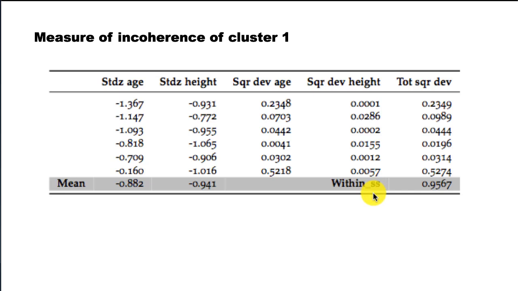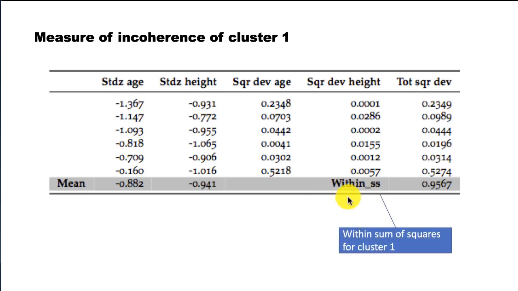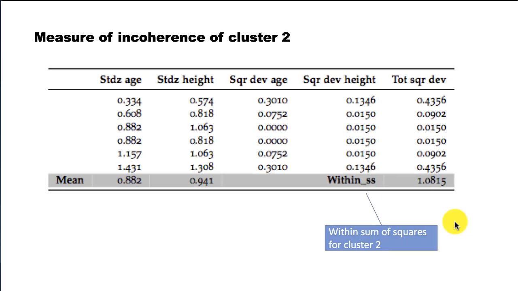That is, this is the sum of squared deviations for the particular cluster. That's why it's called within the cluster. So this is called within sum of squares, the sum of squared deviations just for the cluster. And this is the within sum of squared deviations for cluster 2.